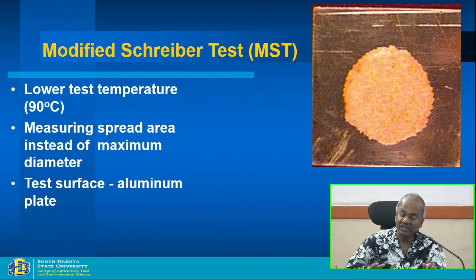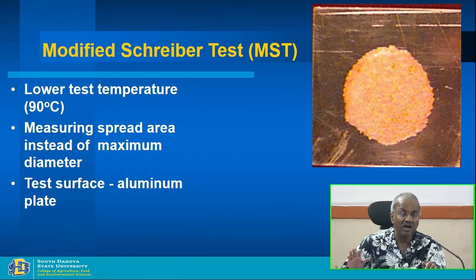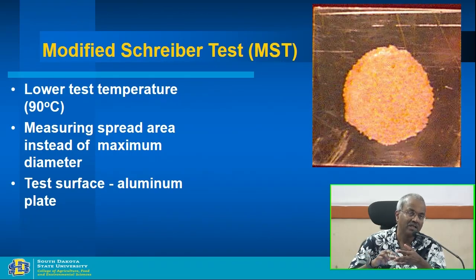We tried different surfaces including petri dish. What you see here is an aluminum plate, and that gave us a better spread out of all the things we tried: stainless steel, aluminum plate, iron plate, you name it. About 7 different plates we tested. Aluminum plate gave us the best spread of cheese.